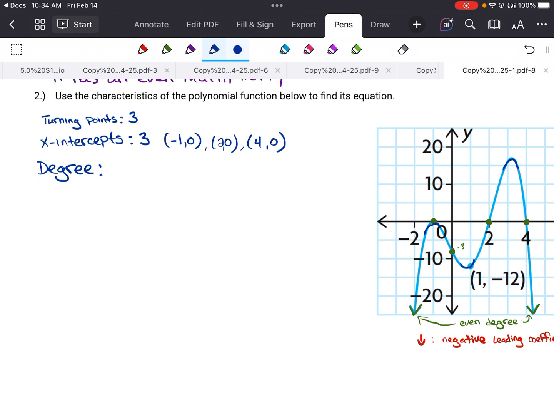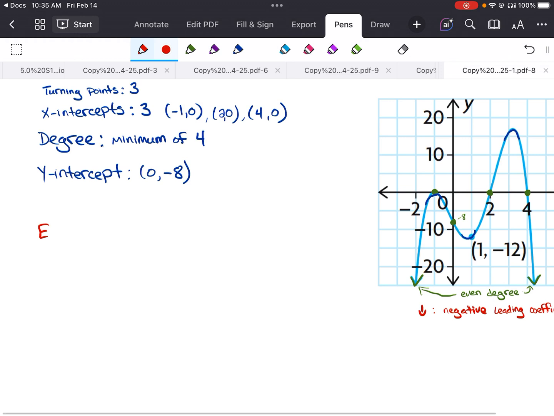The degree has to be even, and even though there aren't 4 x-intercepts, there are 3 turning points, so it means that the degree is a minimum of 4. Could be 6, could be 8, could be 10, could be any even number greater than 4. But remember, the turning points can be 1 less than the degree number. We have a y-intercept, we figured as -8.